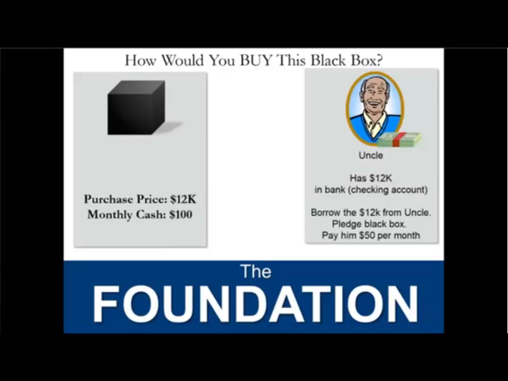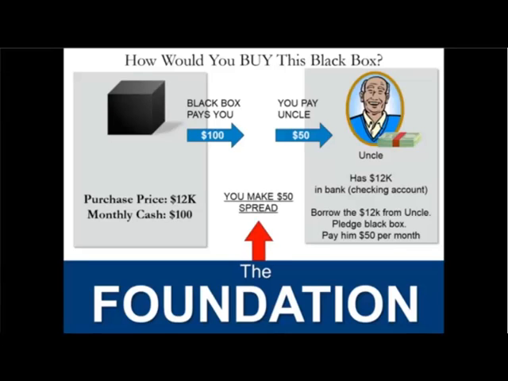So you convince Uncle Brett to lend you the $12,000, and you pledge the black box as collateral, and you agree to pay him $50 a month. So you buy this black box, you put it on your shelf, and it pays you $100 per month, every single month. Then you turn around and pay Uncle Brett $50. So you're left with $50 in your pocket every single month.